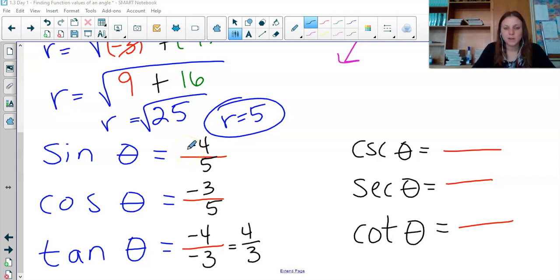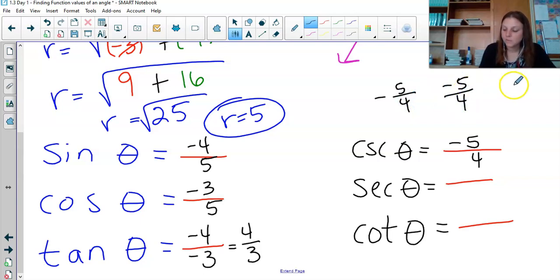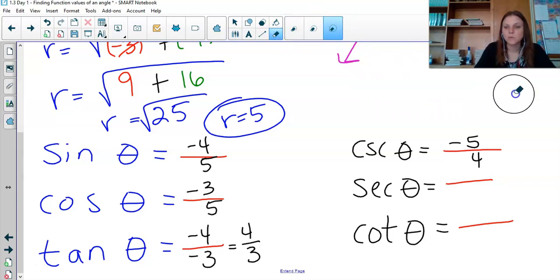So cover up the negative, that would make this 5 over 4, and then you can put the negative back in front. It doesn't matter if you put the negative in front of the fraction like this, or with the top number of the fraction like that, or even at the bottom. That's fine too. As long as you only write it once, not twice. So anything that you do is fine here.